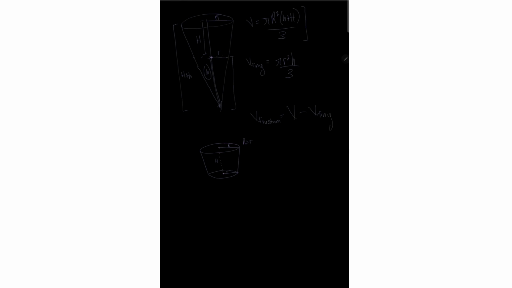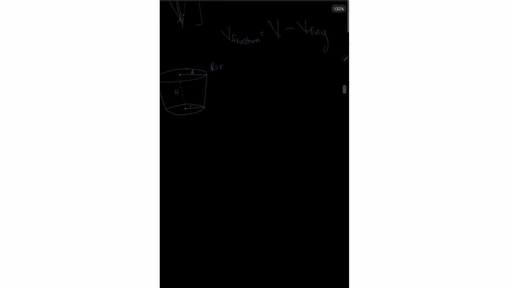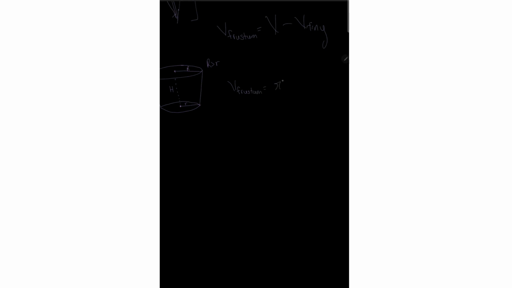So let's start solving for that. Here we can start with V frustum equals pi R squared times (little h plus big H) divided by 3, minus pi little r squared little h over 3. Now let's expand this out.